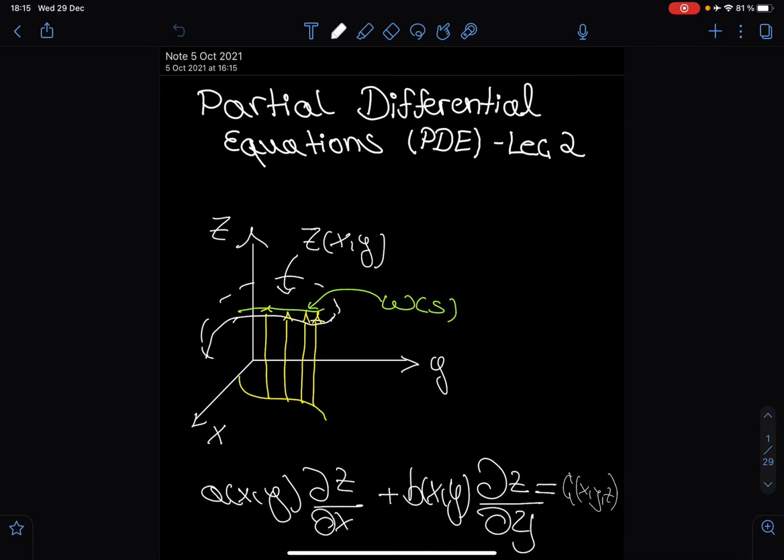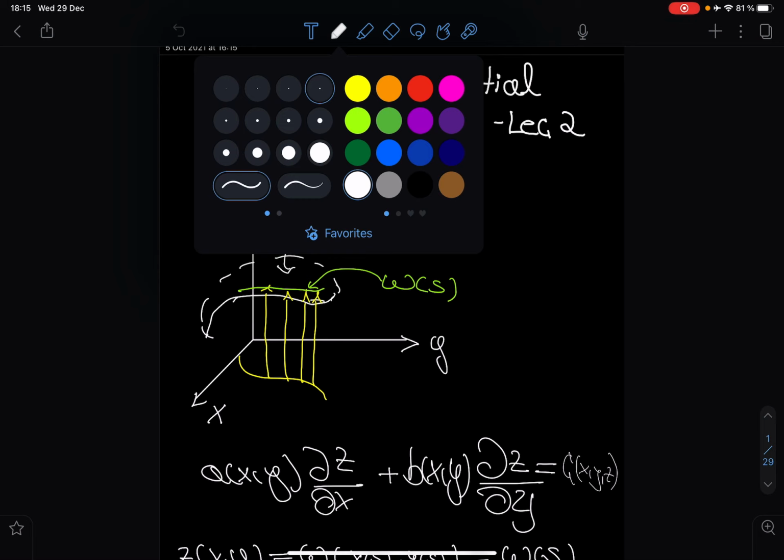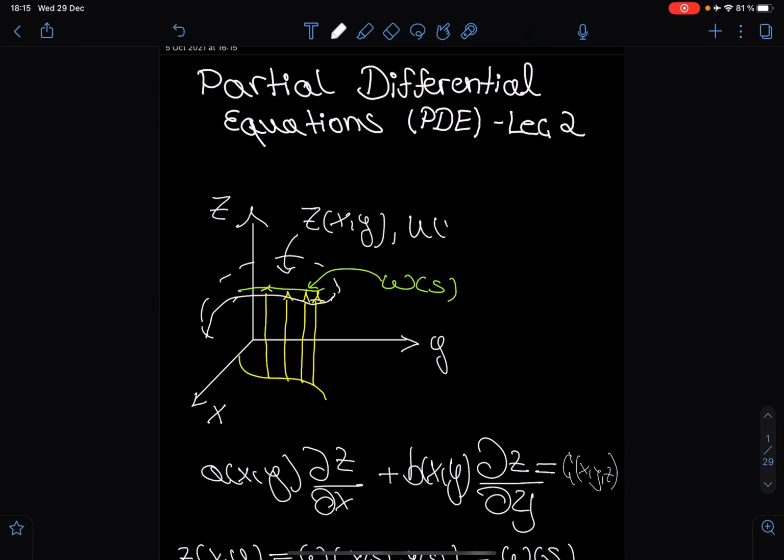So for characteristic solutions we will look at a certain solution. Let's name that, could be z(x,y) or u(x,y), it doesn't matter how you name it. What you do is look at a certain curve and then look at all the solutions of the searched function on that curve.